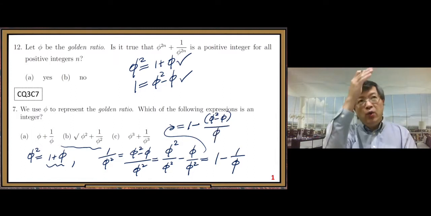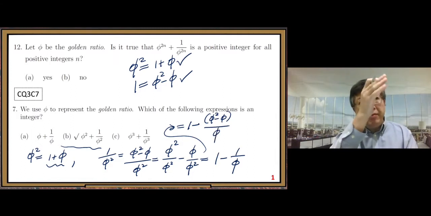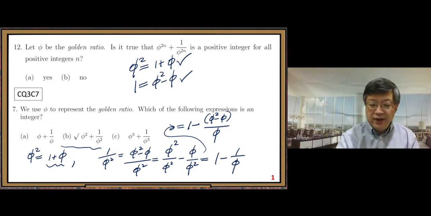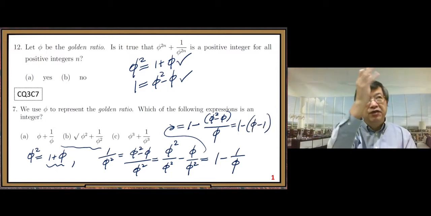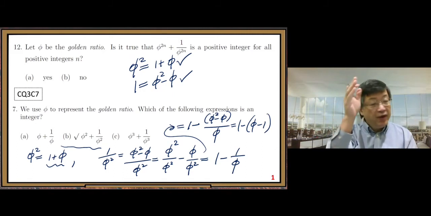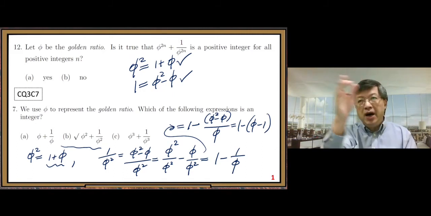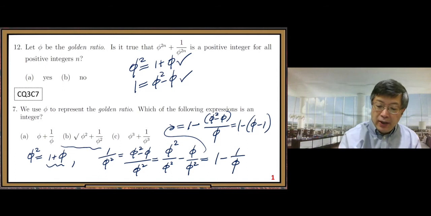This time we can cancel out the denominator phi. So you can see 1 minus phi minus 1. After cancellation, phi in the parentheses, phi minus 1. Then after simplification, 2 minus phi.